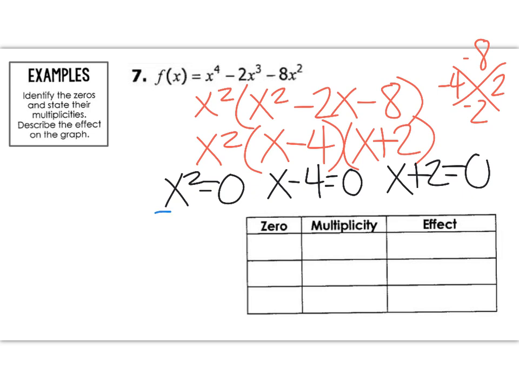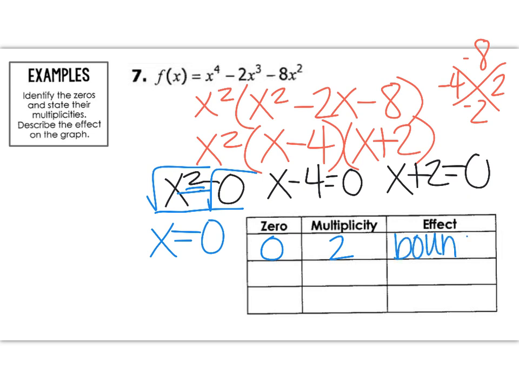So when we're talking about this one right here, we take the square root of both sides. We're left with x equals 0. However, our 0 is 0, but its multiplicity is 2, because x was squared. Therefore, the effect on the graph is that it's going to bounce. All right, when we're talking about x minus 4 right here, we add 4 to both sides.